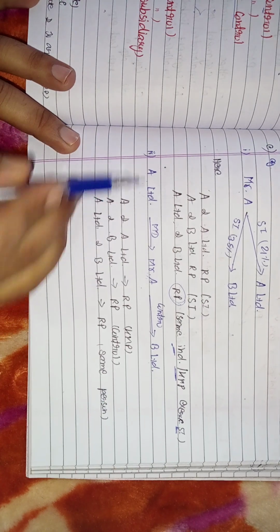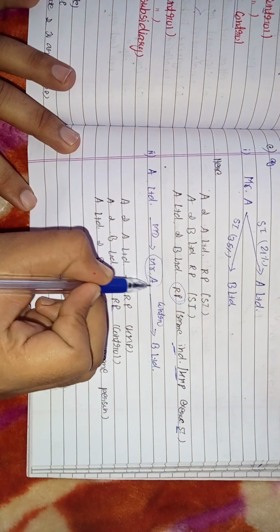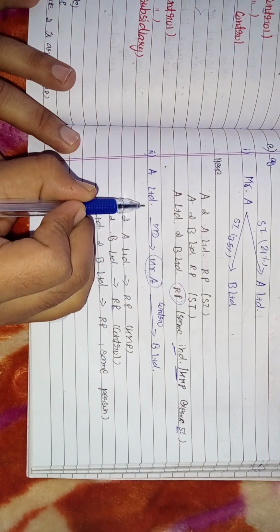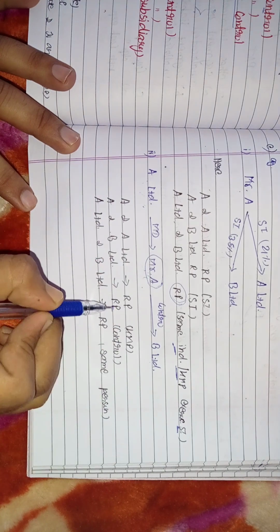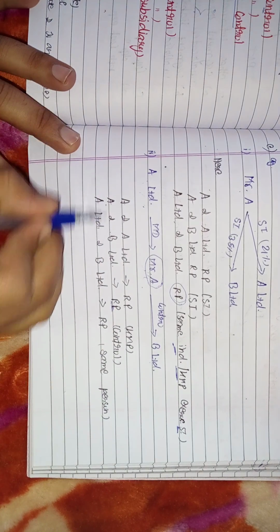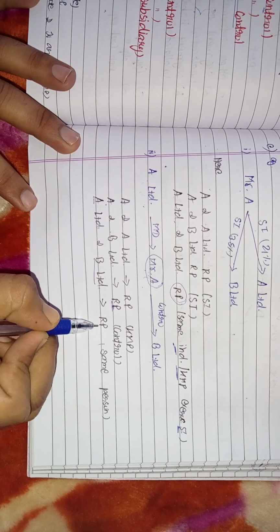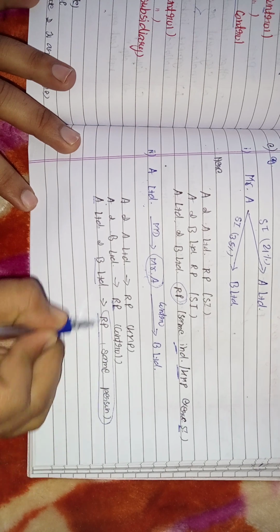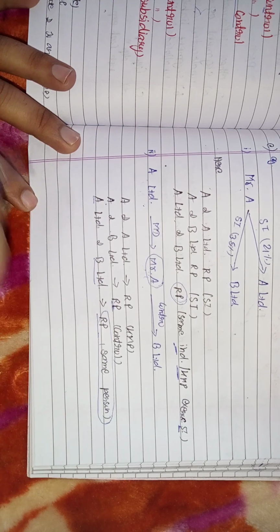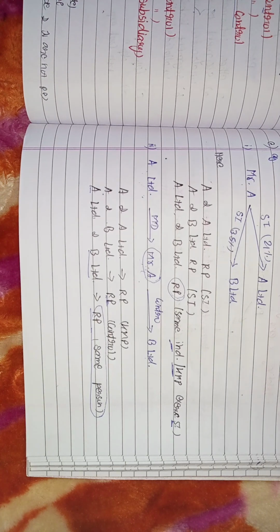Now A Limited and B Limited will be related parties because the same individual controls both, here acting as MD and here controlling B Limited. A Limited and B Limited will be related because, as I have explained, the same person was in the previous point. So these were your 5 points from which you will get the question in your paper.